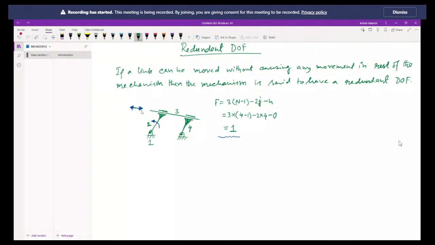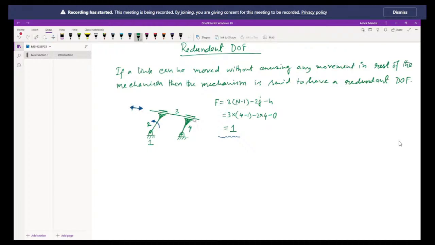Then if you try to move link 3 along this straight line, it can move freely. Agreed? Yes, sir. If it can move freely, that means that is a degree of freedom in this mechanism.